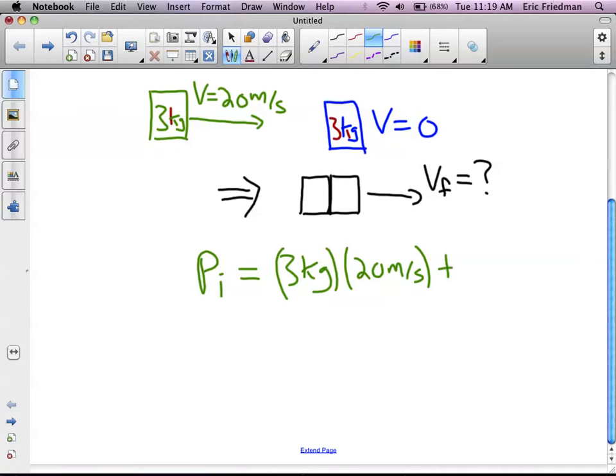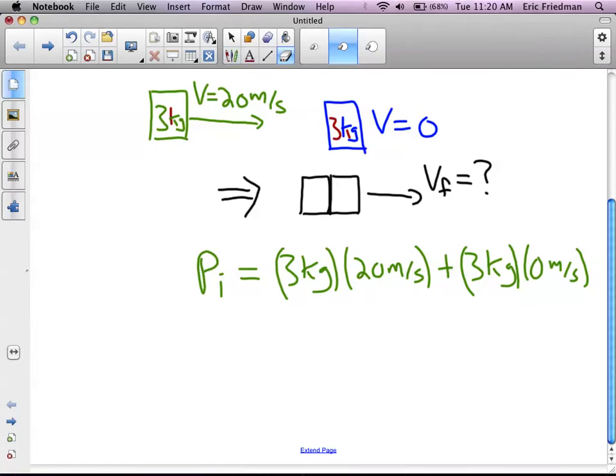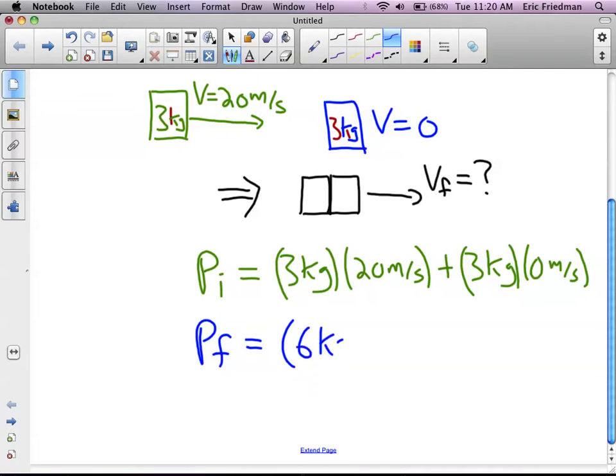And I've got the second box, which is 3 kilograms times 0 meters per second. Great. So that's pretty easy. Then I've got my final momentum, Pf. And since the boxes are stuck together, I've got 6 kilograms added together times my final velocity, Vf.